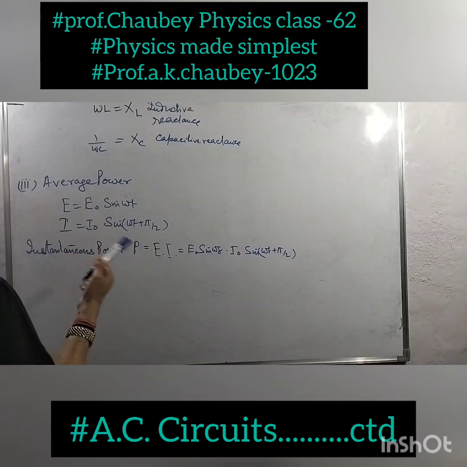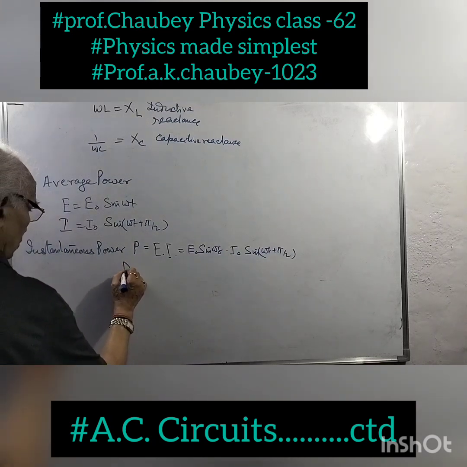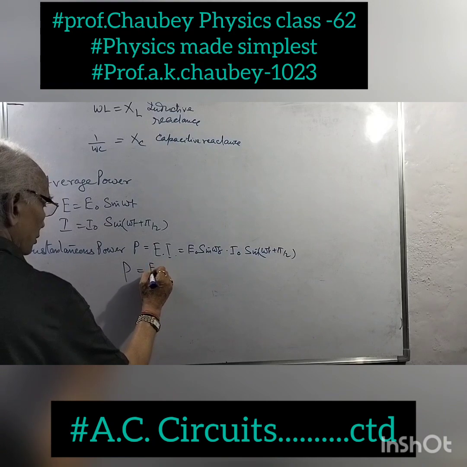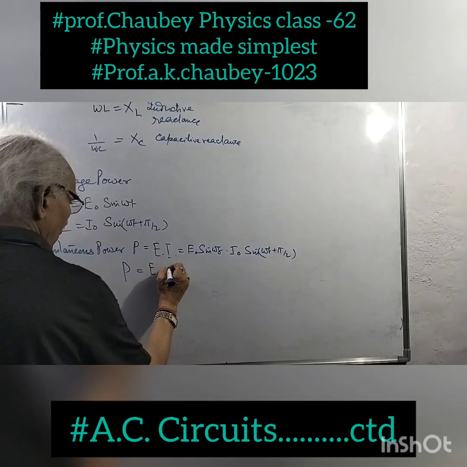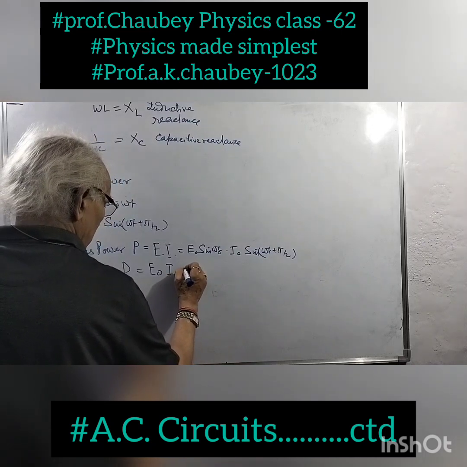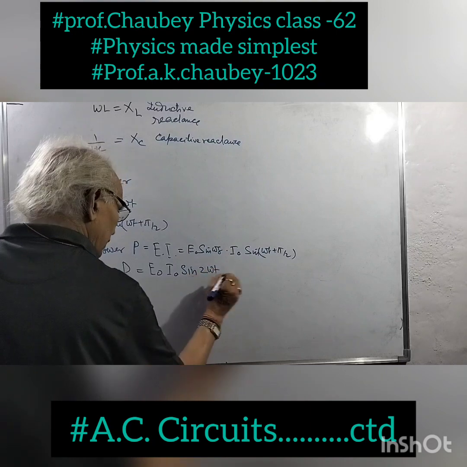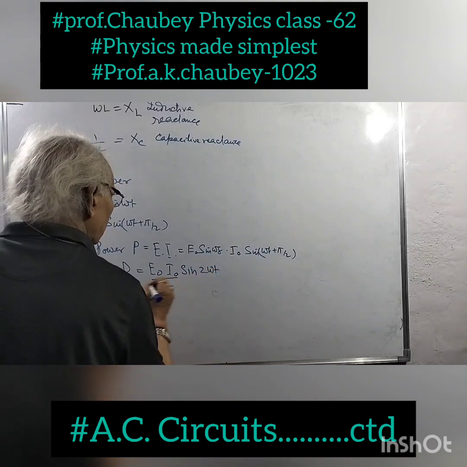So sine omega t cos omega t, in terms of sine 2 omega t, we can write this. The instantaneous power P is equal to E naught I naught sine 2 omega t divided by 2. So this 2 we can write here.